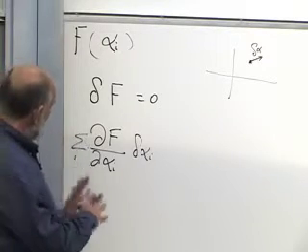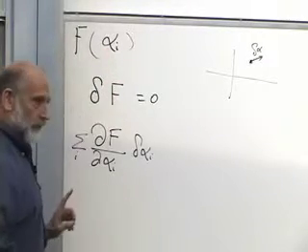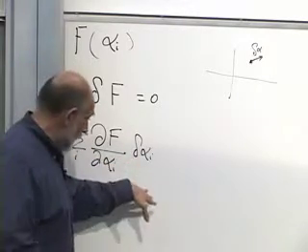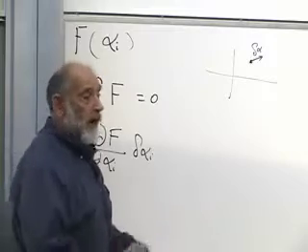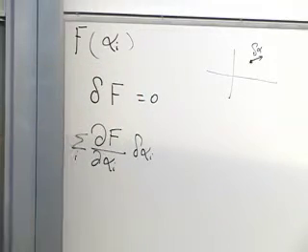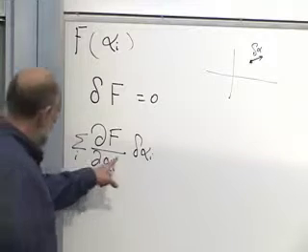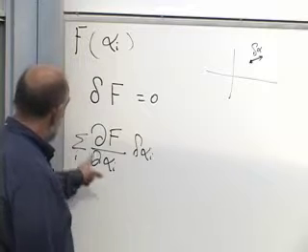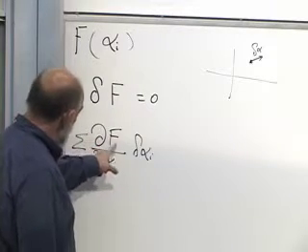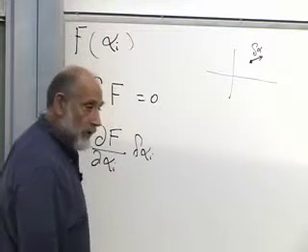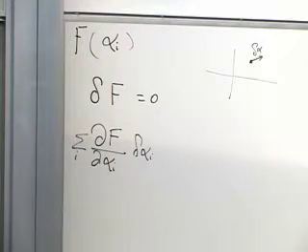If you change the arguments of a function, the function changes to first order, ignoring things of order delta alpha squared, delta alpha cubed, and so forth, which are much smaller than delta alpha. The change in the function to first order is just a derivative of f with respect to alpha times the change in alpha, summed over all of the variables.